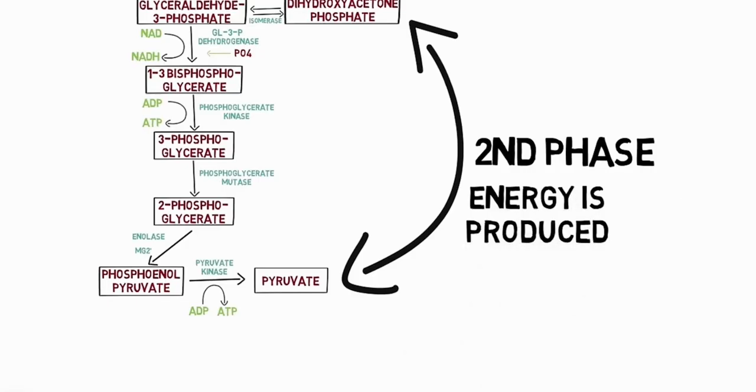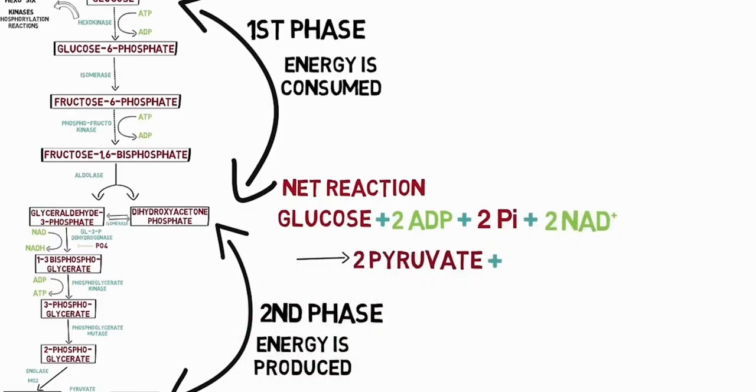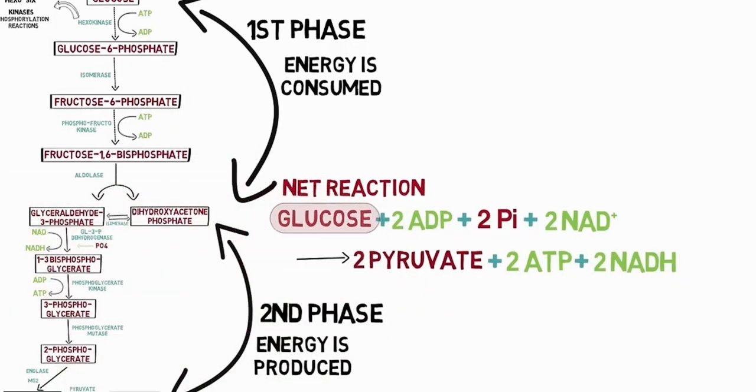As you can see, energy is produced in the second phase of glycolysis. The net reaction is glucose plus 2 ADP plus 2 NAD goes to 2 pyruvate plus 2 ATP plus 2 NADH. One molecule of glucose splits into 2 pyruvate.